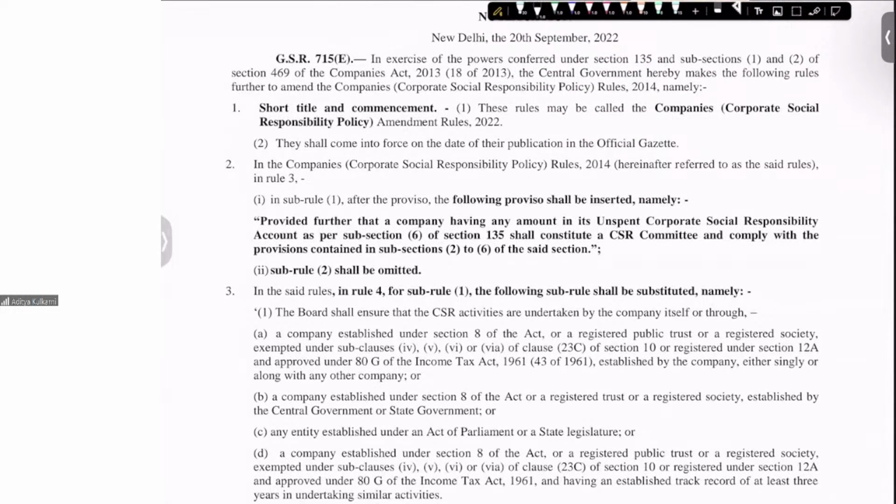The rule says, please look at this carefully: a company having any amount in its unspent CSR account as per section 135(6) shall constitute a CSR committee and comply with the provisions contained in subsections 2 to 6 of the said section. That means up to 135(6) they will comply with the conditions.